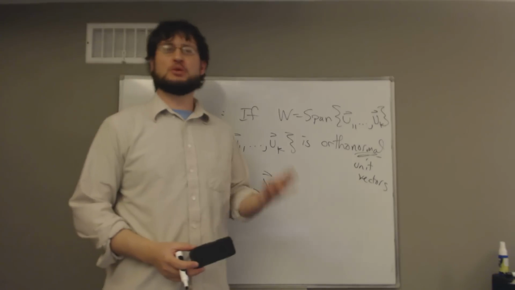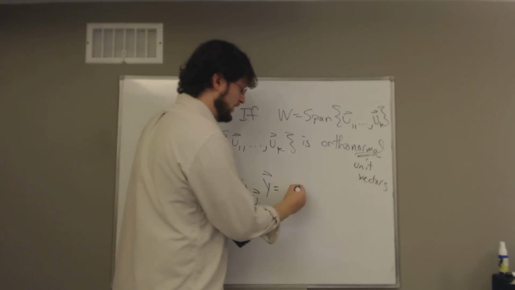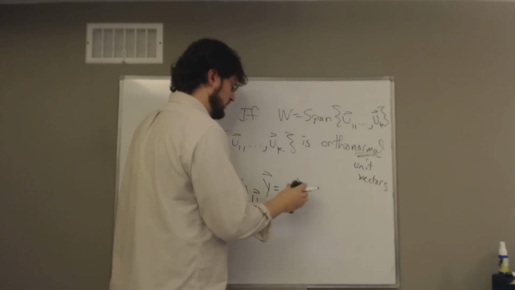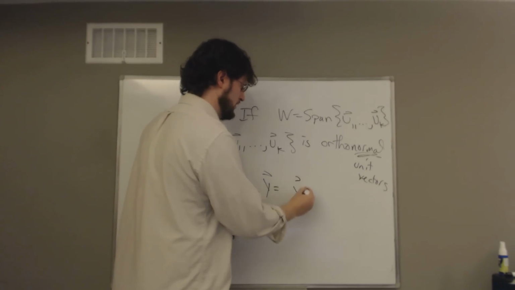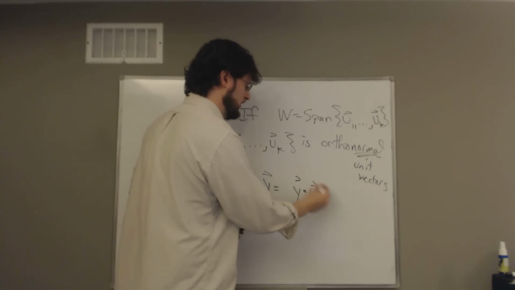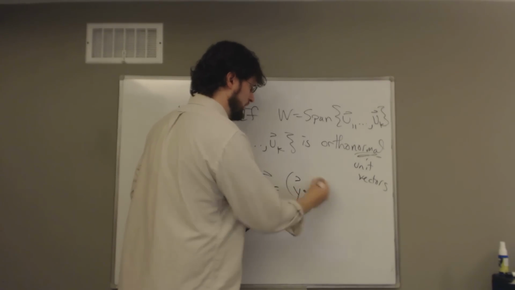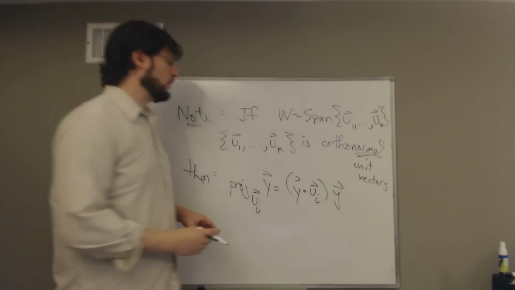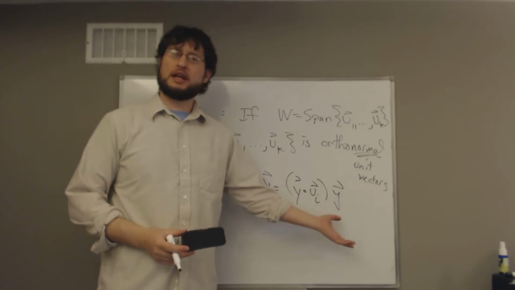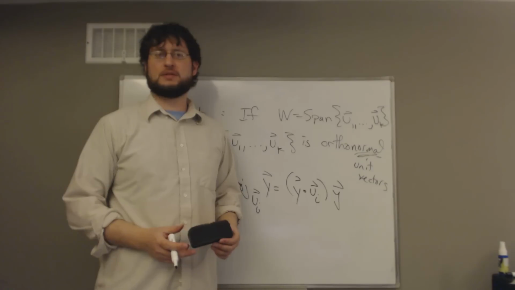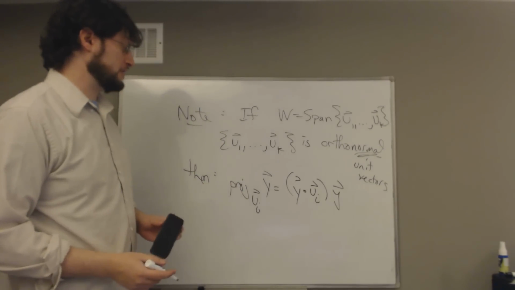And so if it's a normal vector, that length is 1. So we actually have a simpler formula. We have y dot ui all multiplied by ui. So we don't have a denominator if we're dealing with unit vectors. So that's the first thing that's nice.